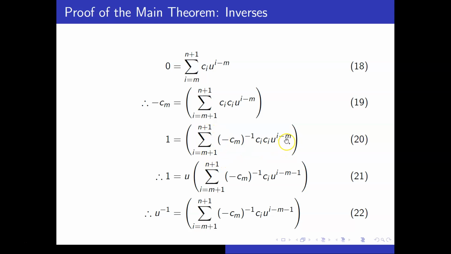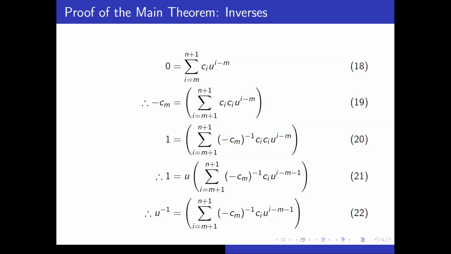So every term on this side now has at least 1 power of u in it. So I can factor that out. When I do that, I have 1 is equal to u times this whole thing on the right-hand side of equation 21.